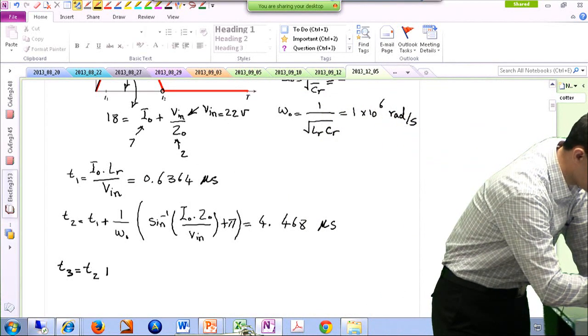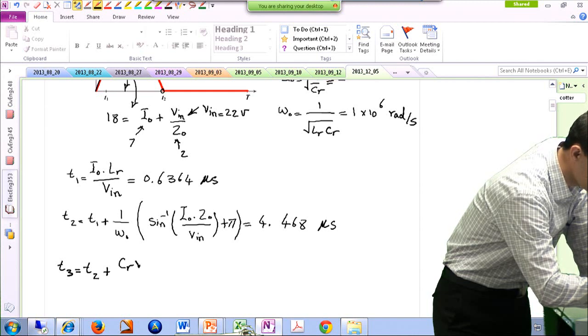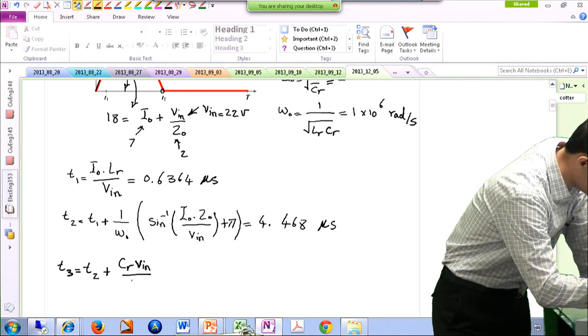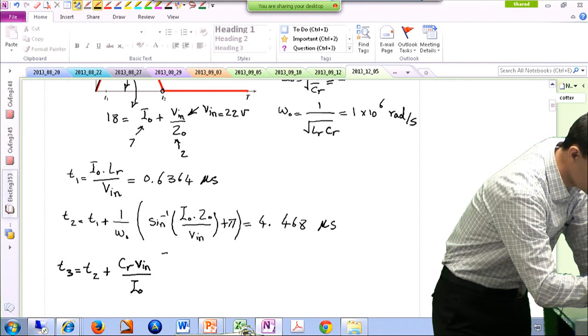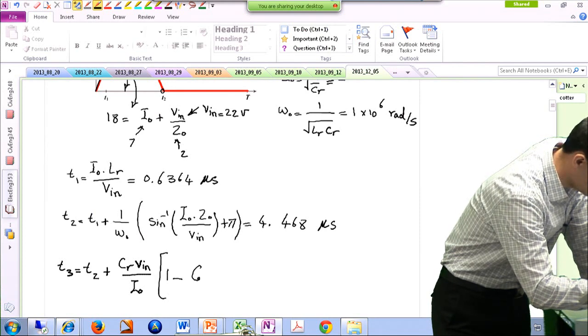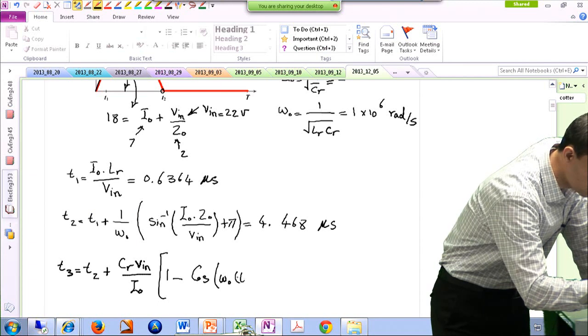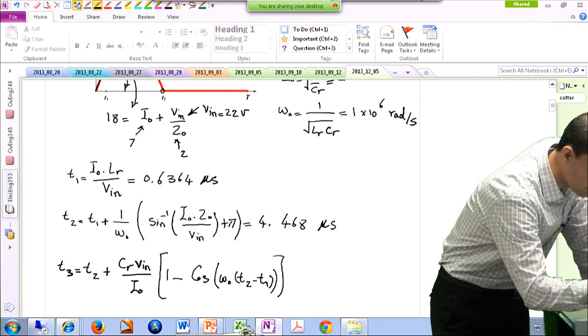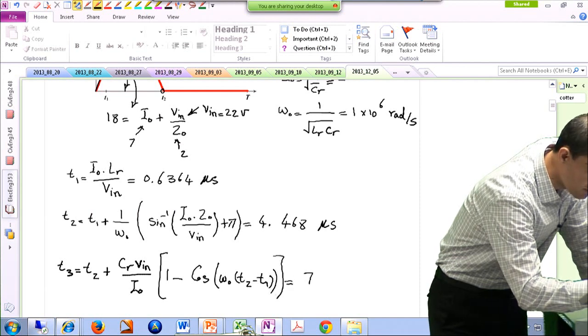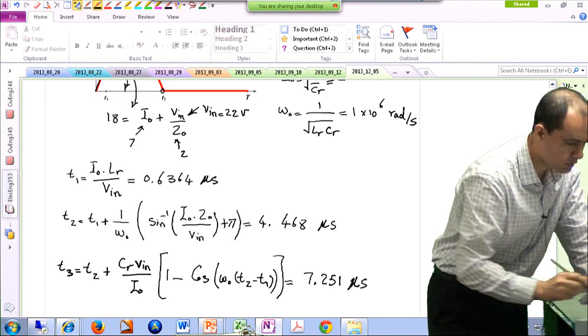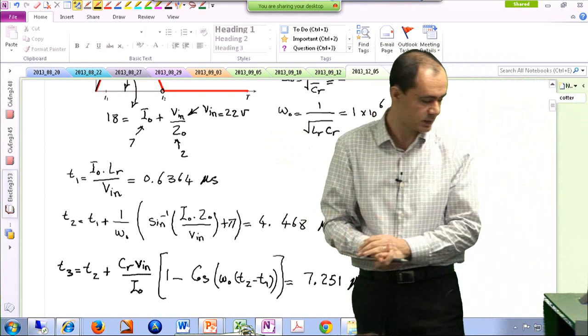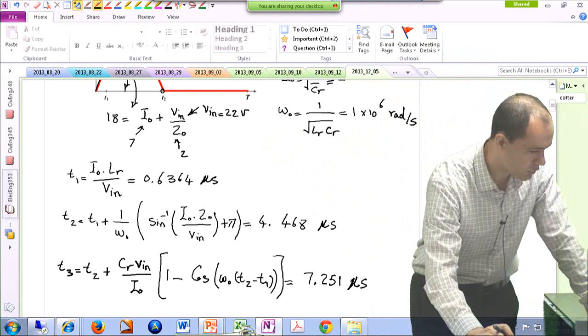It is T2 plus, and this turns out to be 7.251 microseconds. So we have all of the information that we need to find the output voltage.